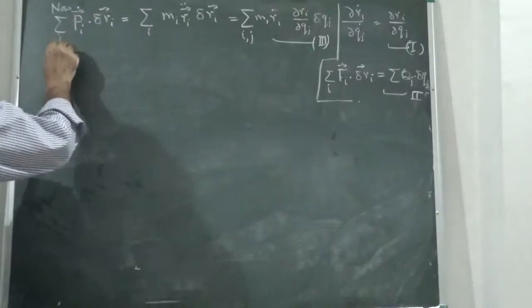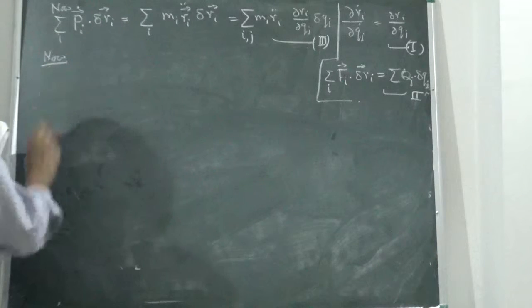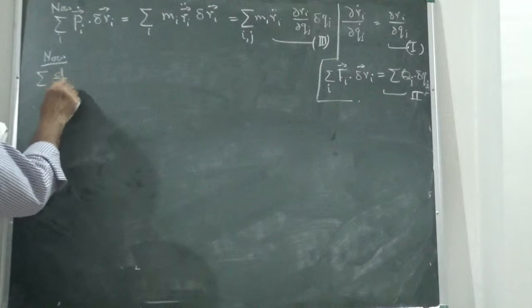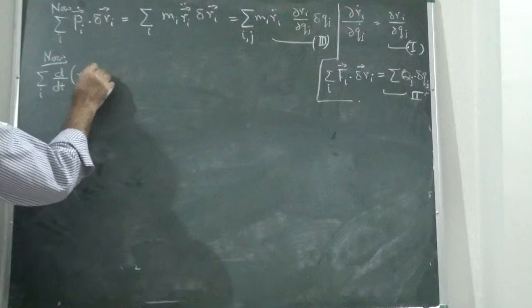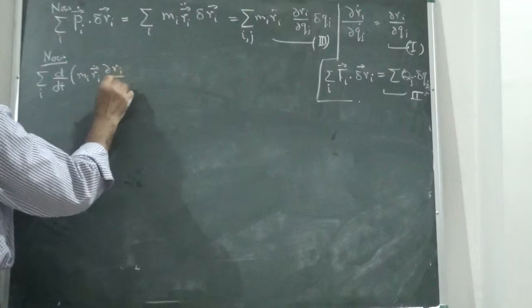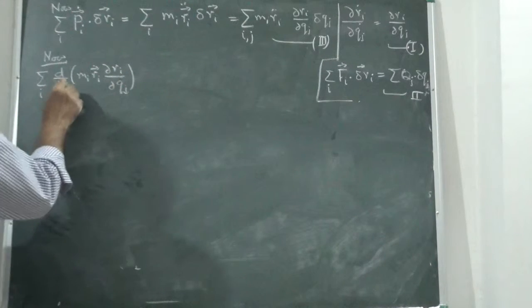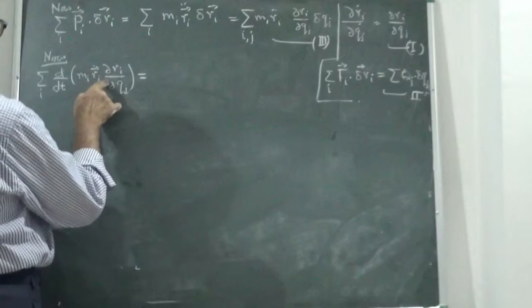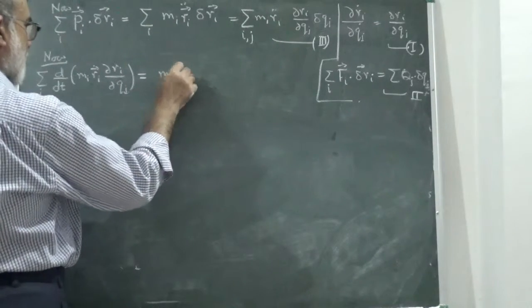Now take the equation d by dt of Mi Ri dot delta Ri by delta Qj. Take the differentiation of this term. So the differentiation, the first term and second term. So take the differentiation to the first term.